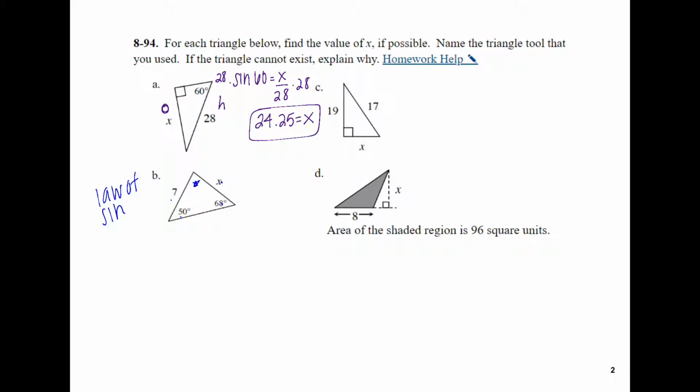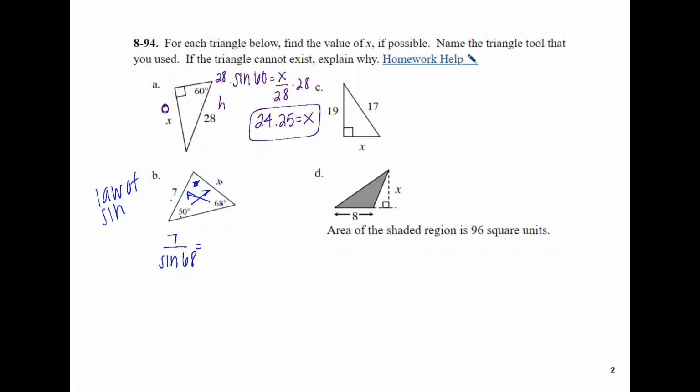Anytime I'm given two angles and their corresponding sides, I can use the law of sines. So the law of sines states that we take the angles opposite of what we're working with. So if we have 68 degrees, we would take side 7 and put it over the sine of 68.